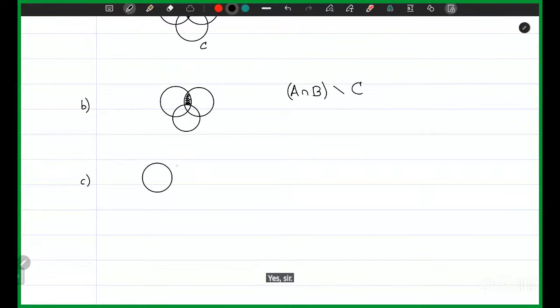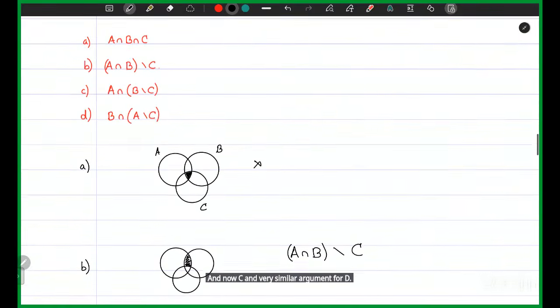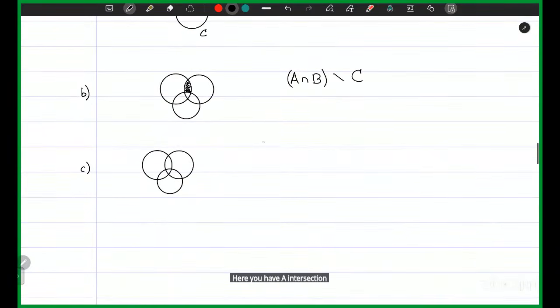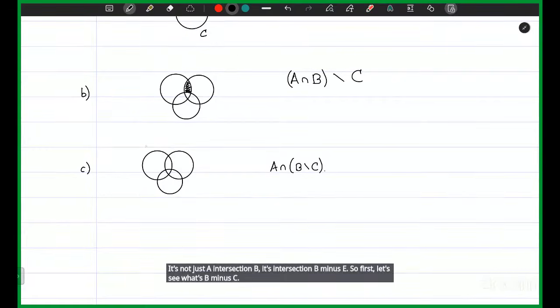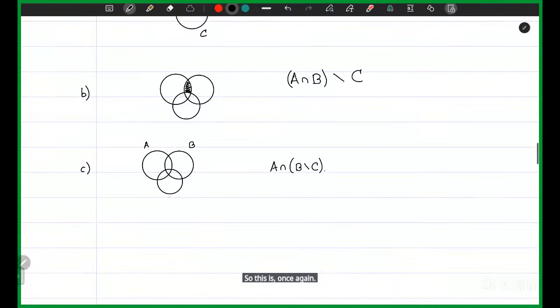And now C, and a very similar argument for D. Here you have A intersection B minus C. It's not just A intersection B, it's A intersection B minus C. So first let's see what's B minus C. What are elements in B but not in C?